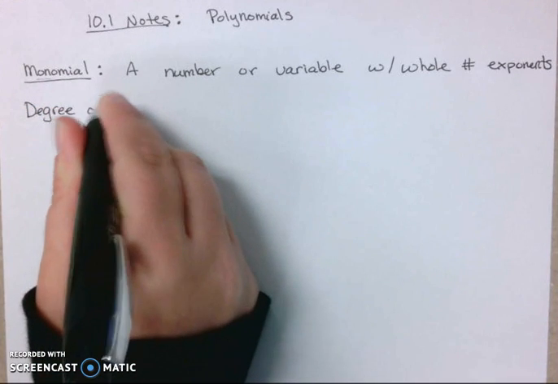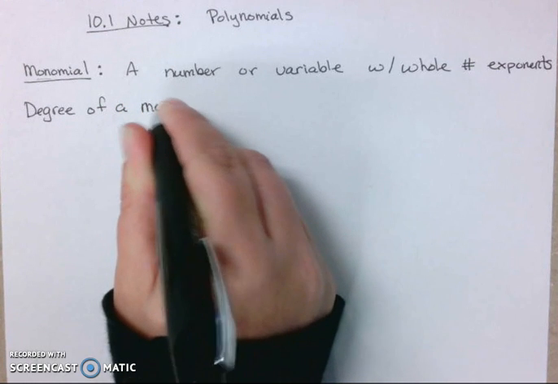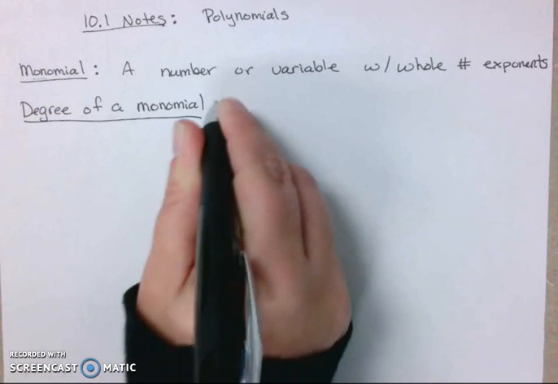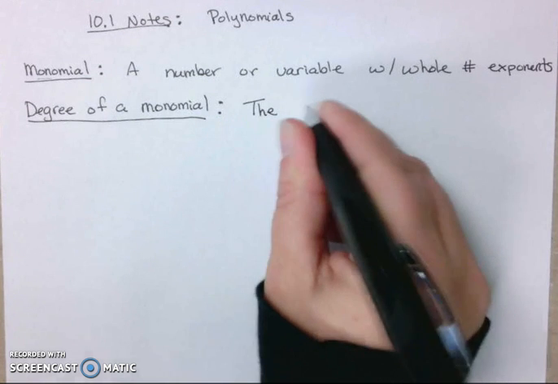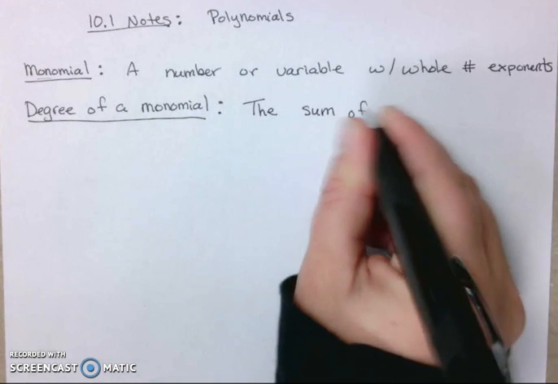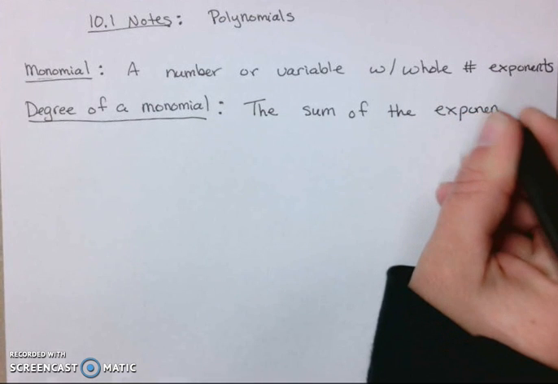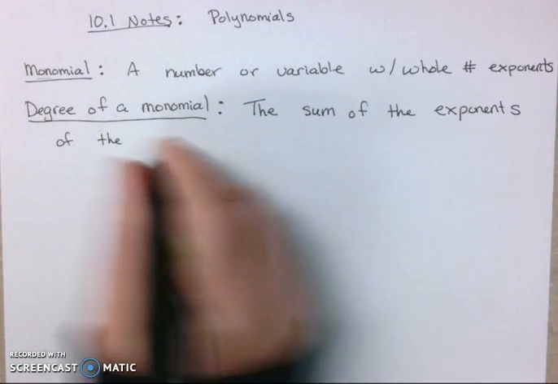So to find the degree of a monomial, it is the sum of the exponents of the variables.